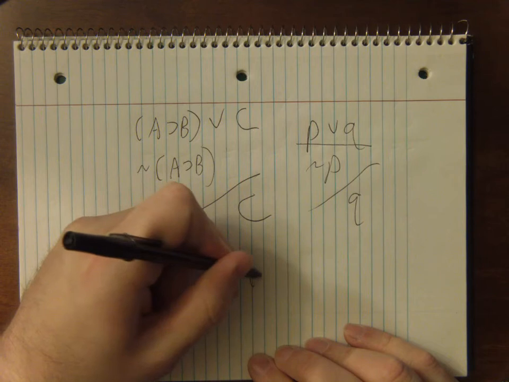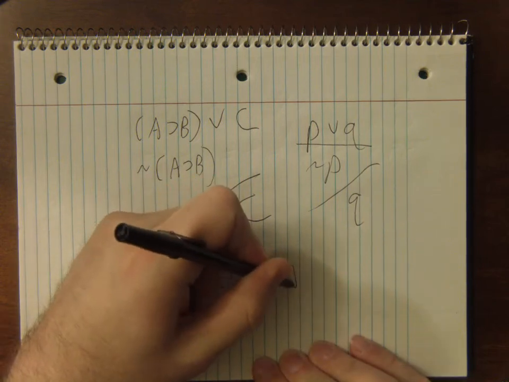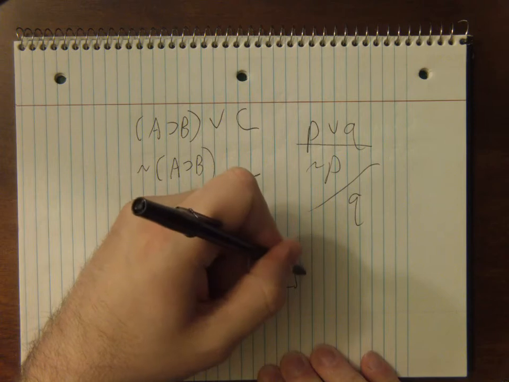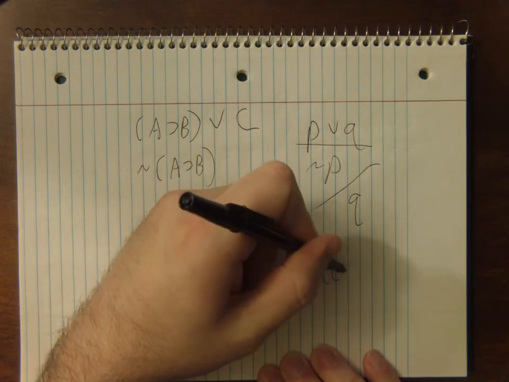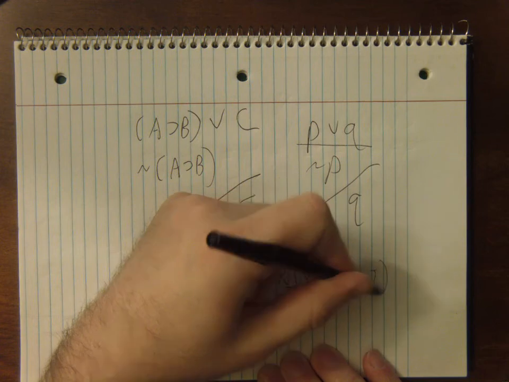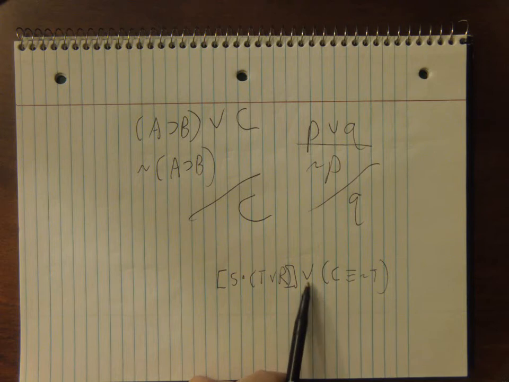S and T or R or C if and only if not T. This big ugly thing right here is of the form P or Q. And all it takes is a main operator of a wedge.